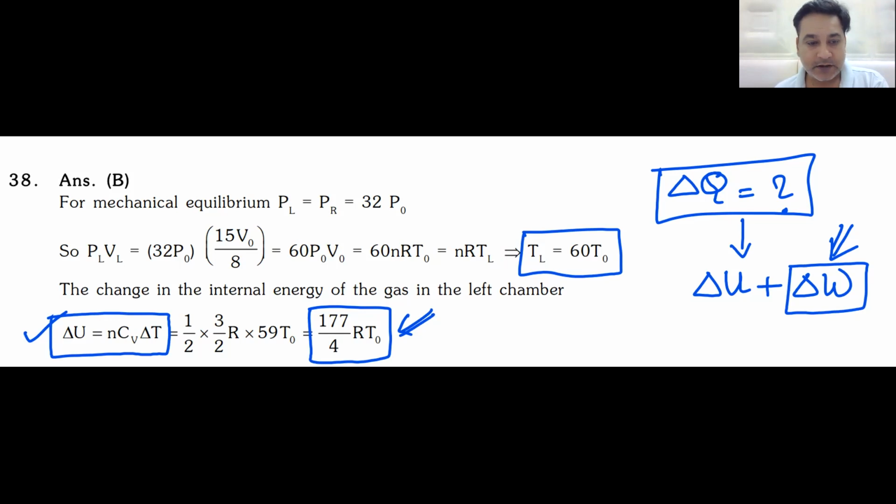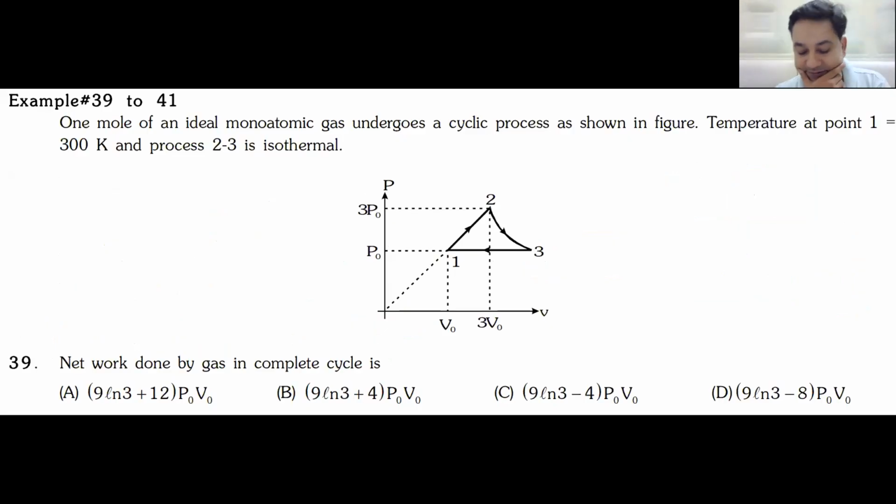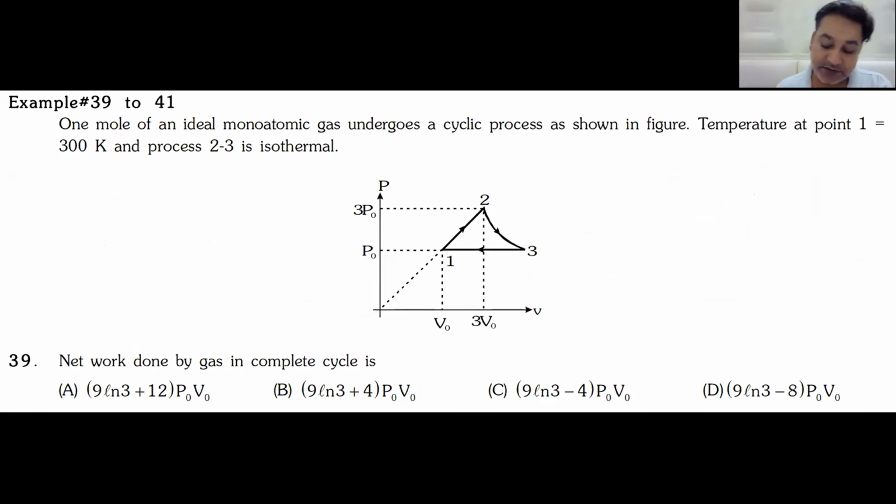Okay, so the next question is the next one in line, and the question looks like this. 1 mole of an ideal atomic gas undergoes a cyclic process from 1 to 2, 2 to 3, and 3 to 1. Temperature at point 1 is 300 Kelvin and the process 2 to 3 is isothermal. There are a couple of questions here.